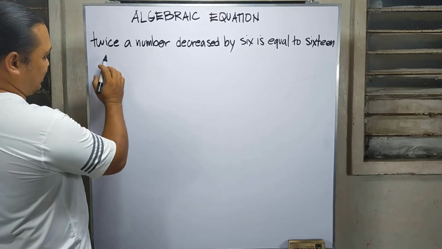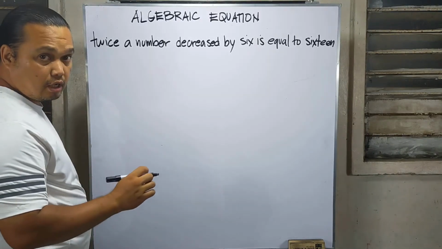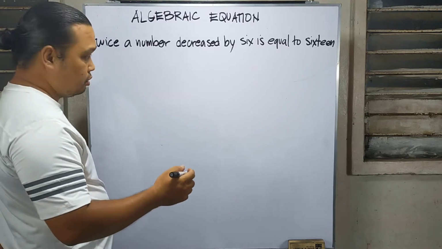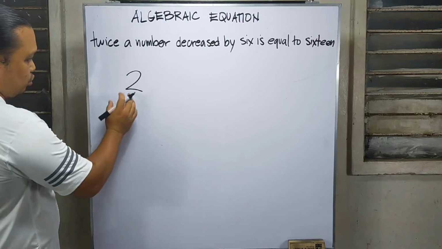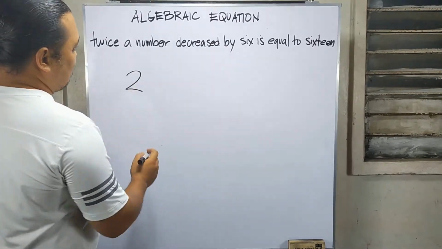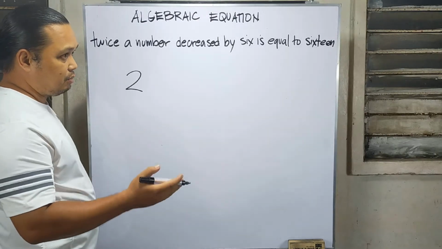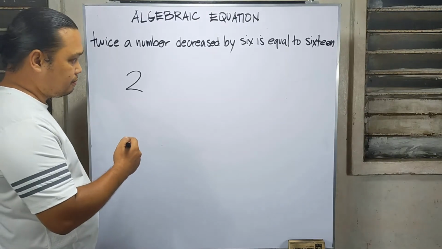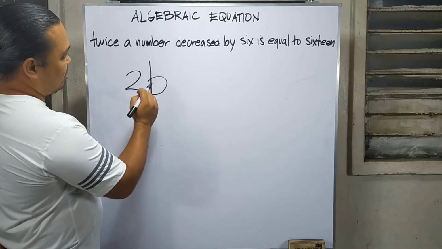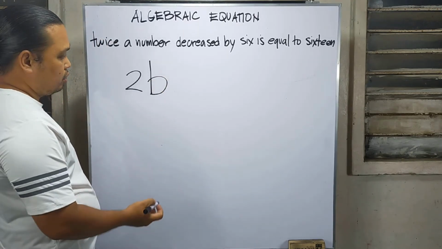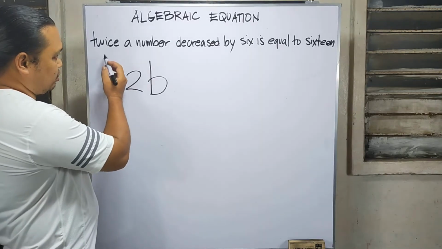Twice is, of course, double, or times 2, or 2 times. That's 2. Twice a number. Now, a number here is, of course, a variable because it has no known value. So let's assign a particular letter, for example, B. So B here is a number that we do not know. 2 here is twice or double.